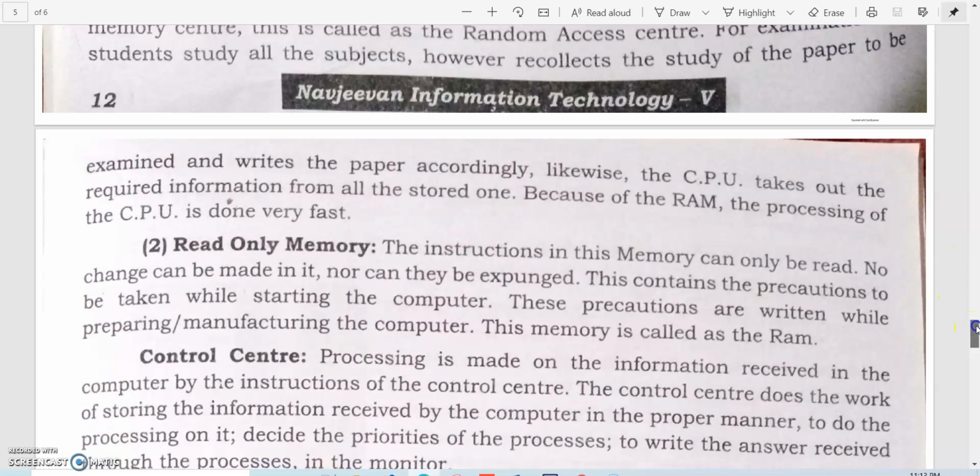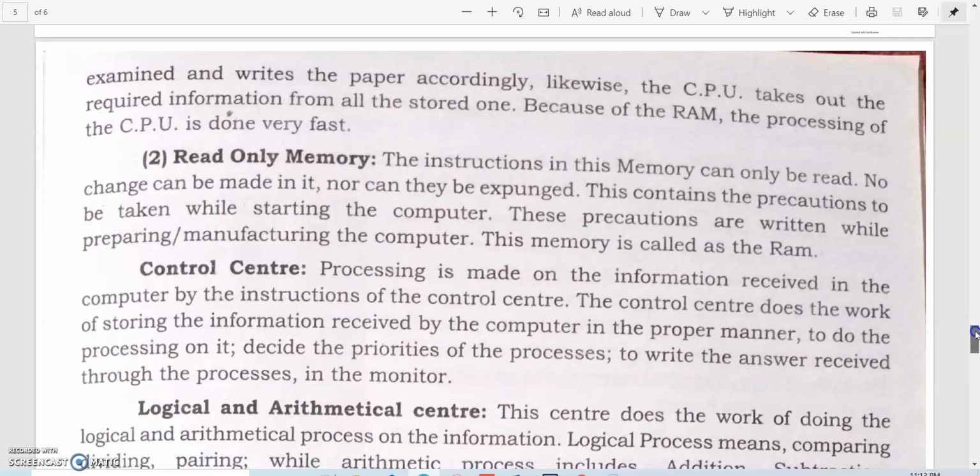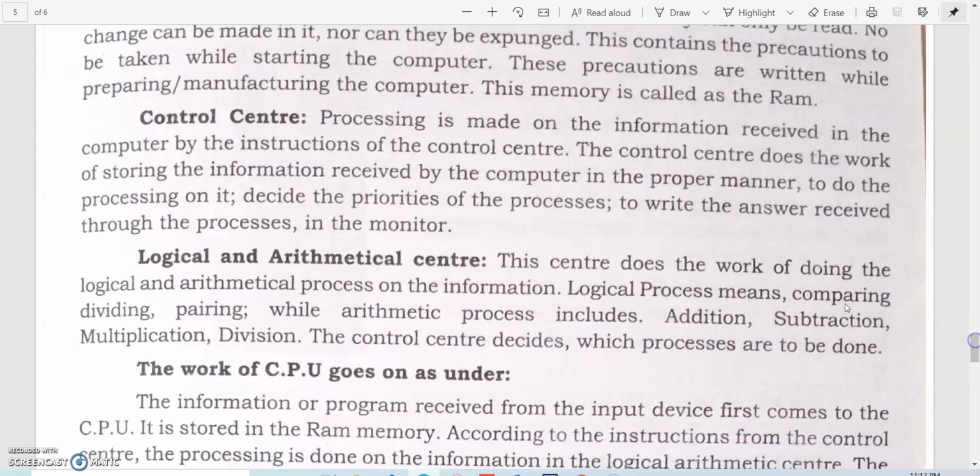Control unit. Control center. Processing is made on the information received in the computer by the instruction of the control center. The control center does the work of storing the information received by the computer in the proper manner to do the processing on it, decides the priorities of the processing, and writes the answer received through the processes on the monitor.